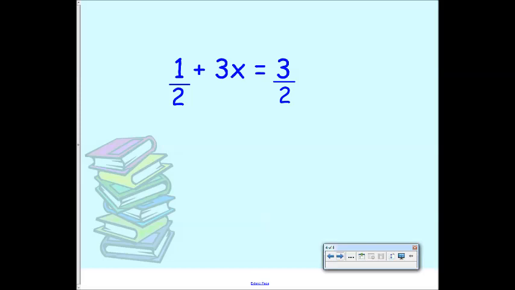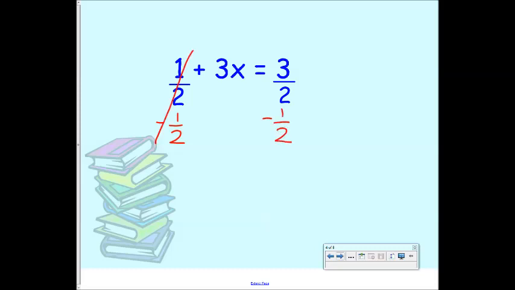What kind of 1/2 is this, positive or negative? How do you know it's positive? There's no negative, exactly. If there isn't a sign, we assume it's positive. So how do I get rid of a positive 1/2? Minus 1/2. And if I do that here, where else do I do it? Over here, minus 1/2. What happens to it here? Goes away.